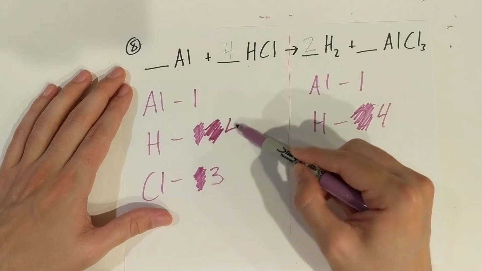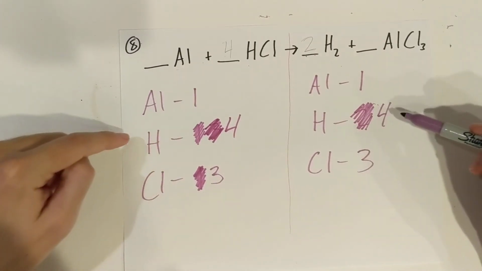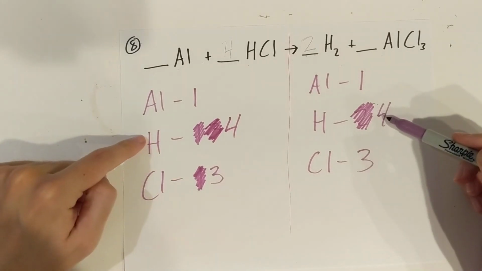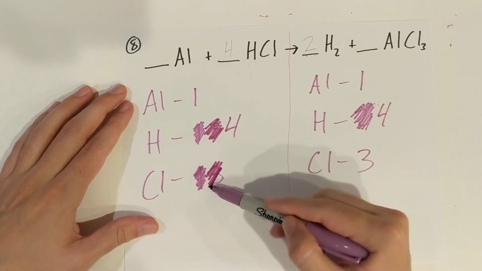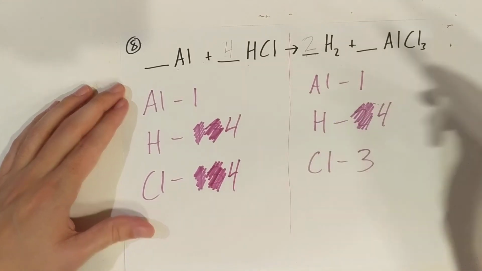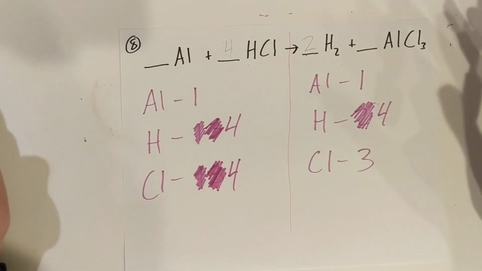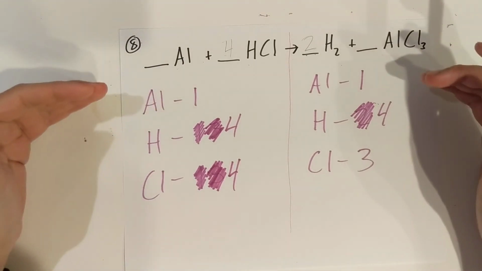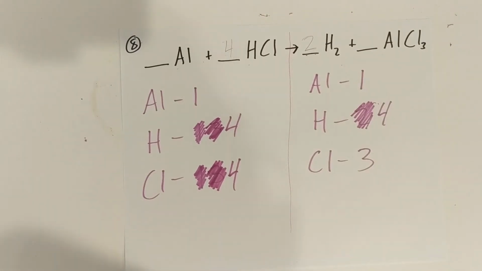But the problem with that, you may have noticed it already. If I change that to a 4, yeah, it balances out my hydrogen, but it also increases my chlorine. There we go. So now, taking a look, my aluminum's balanced, hydrogen's balanced, my chlorine is now not balanced again.